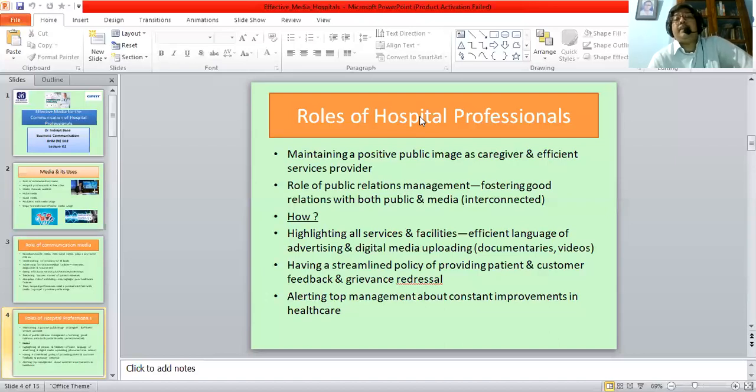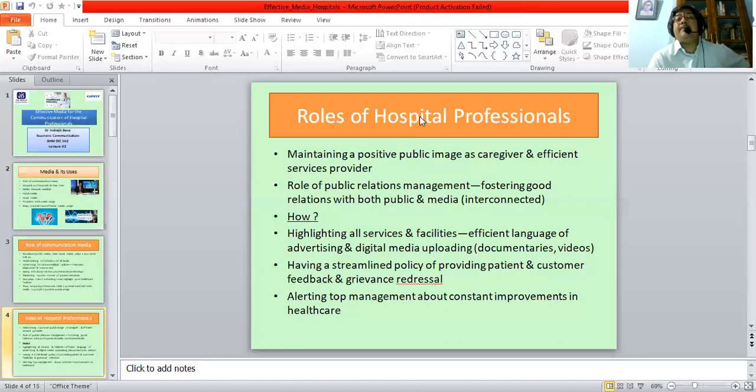Also, you need to be in constant touch with the top administration about improving healthcare facilities. Patients will periodically come to you for various kinds of complaints. They will talk about overcrowding, long waiting times, reports which are not delivered in time. There will always be different kinds of problems.